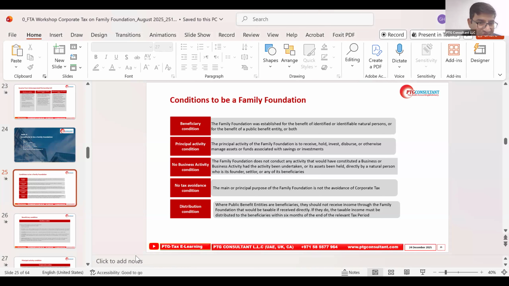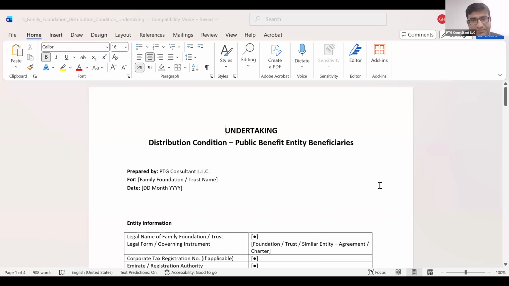Distributive condition. Okay, now my screen is visible.